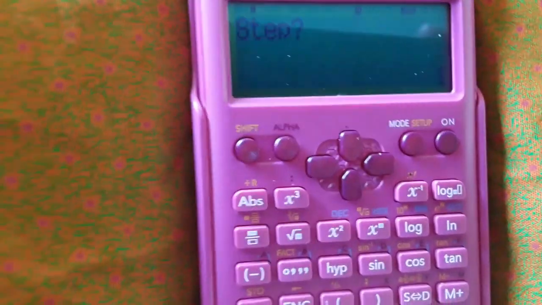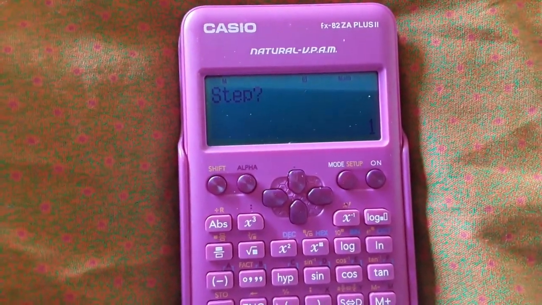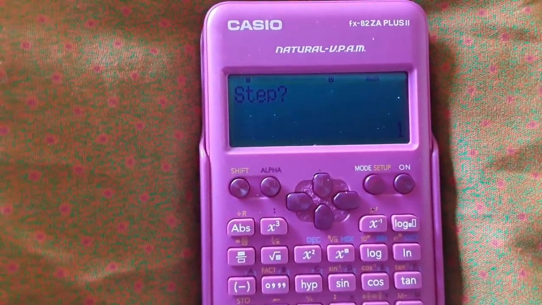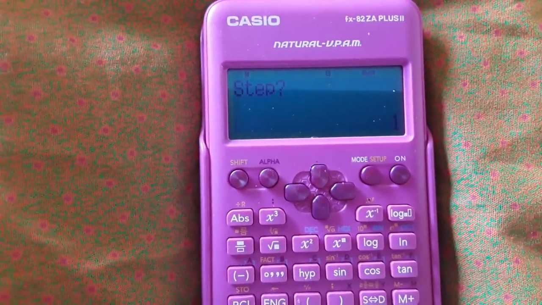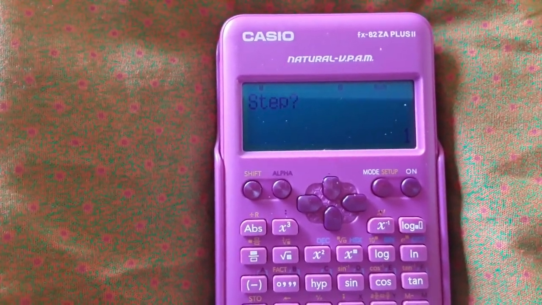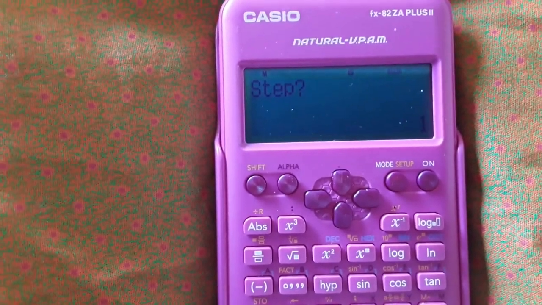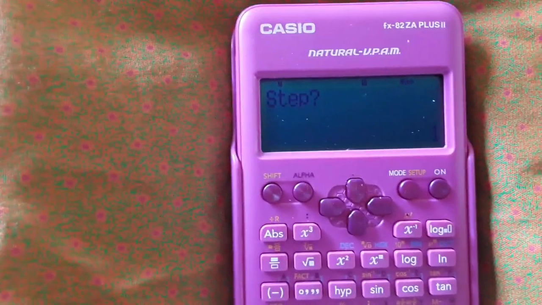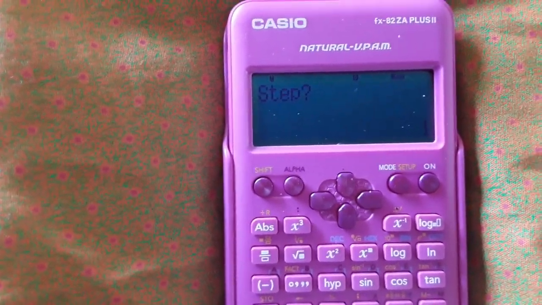Our step is from the x-axis, which was 0, 90, 180, 270, 360. That means we've been adding 90 to get to the next number. 0 plus 90 is 90, 90 plus 90 is 180, 180 plus 90 is 270, and 270 plus 90 is 360.